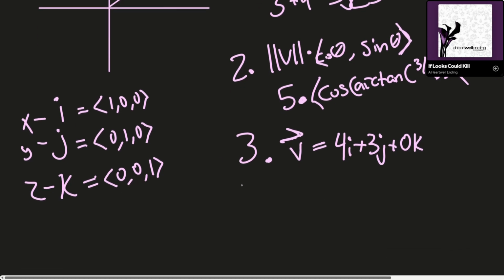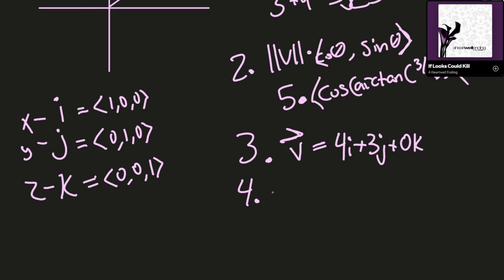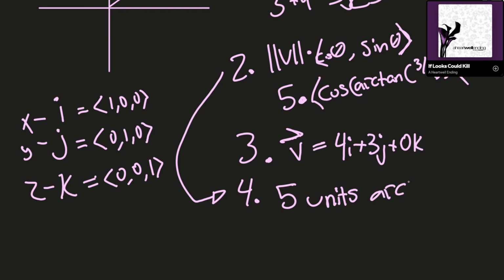And finally, the final form is the word form that we use in class, which I'm not sure what it is known as, but it's what we use to return it into words. We would say 5 units, which is the magnitude, and then the direction, which is arctangent 3/4.